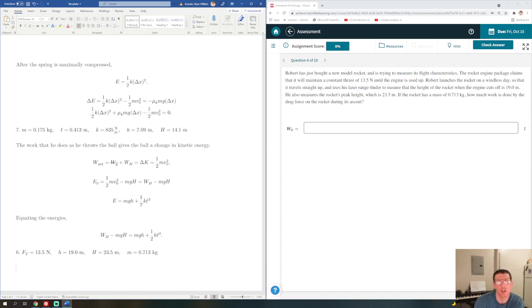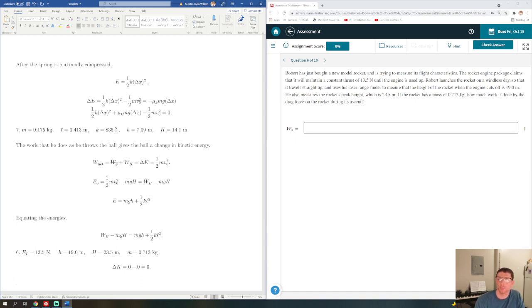We know that the y velocity of a projectile goes to 0 when an object is at its maximum height. And because this thing is just going straight up and then straight back down, there's not any kinetic energy at the top. So what I'm trying to say is that delta K is just 0 minus 0, which is 0, of course.